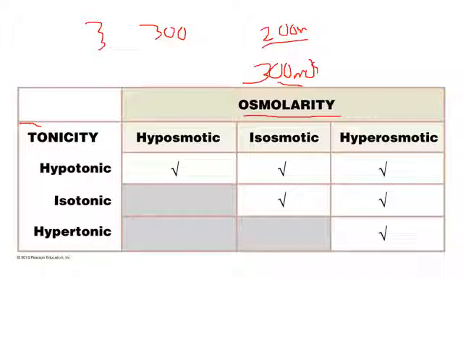You compare non-penetrating in this solution and non-penetrating in the cell, and where's the water going to move? It's going to move into the cell. Okay, again, it's just stressing that it is the non-penetrating solutes that result in water movement and that are involved in tonicity.